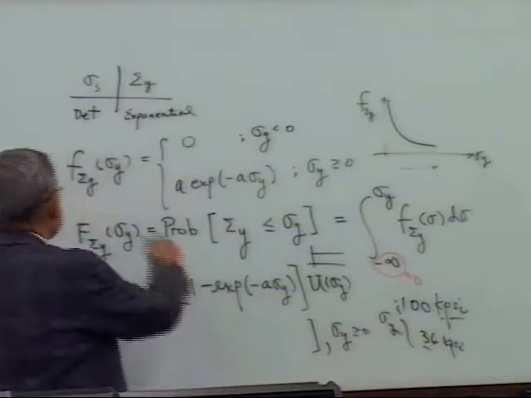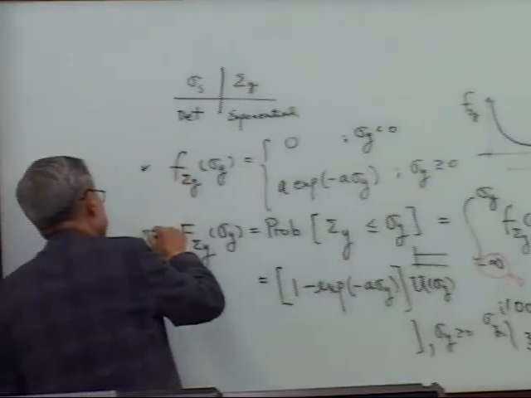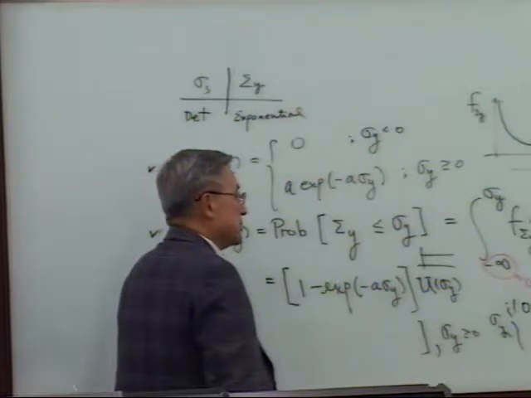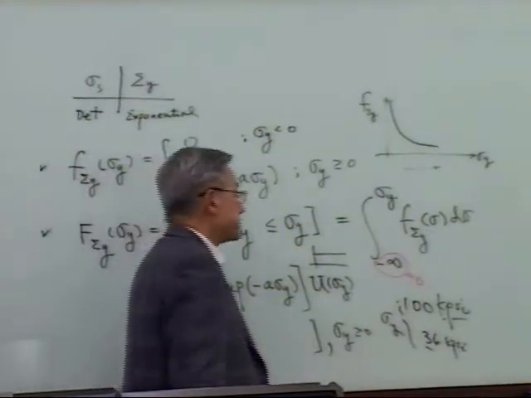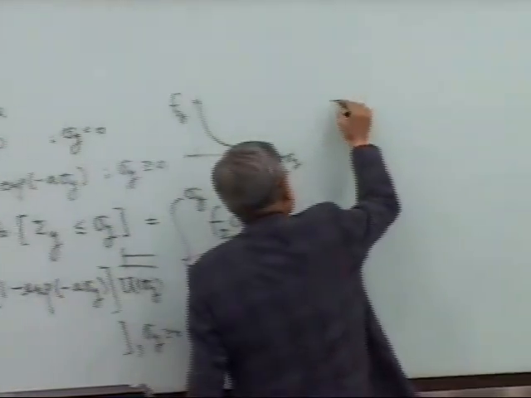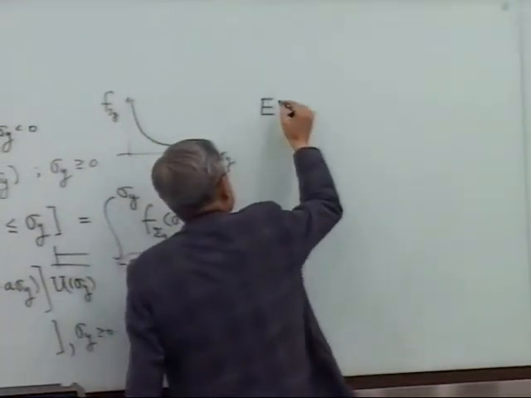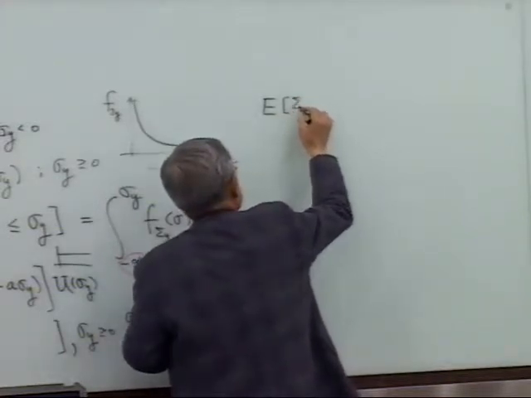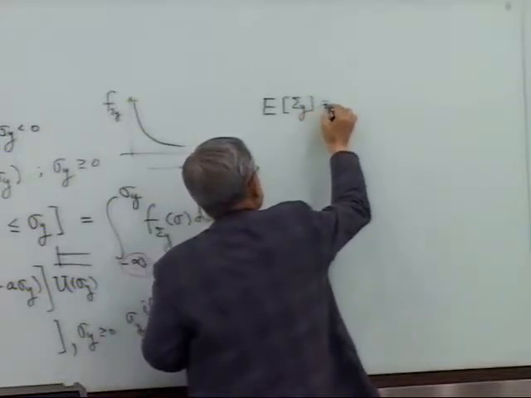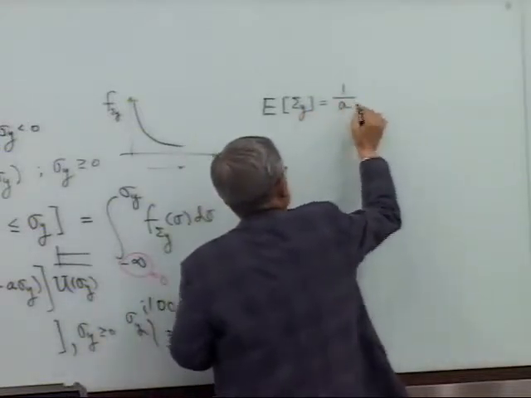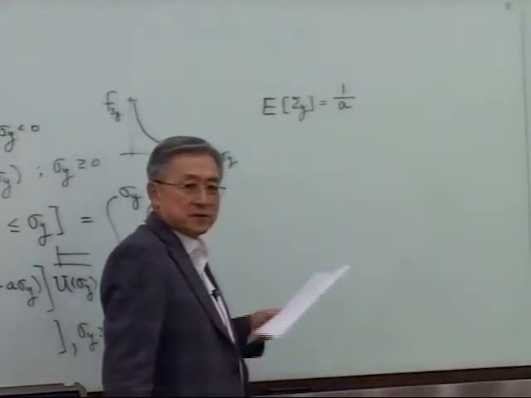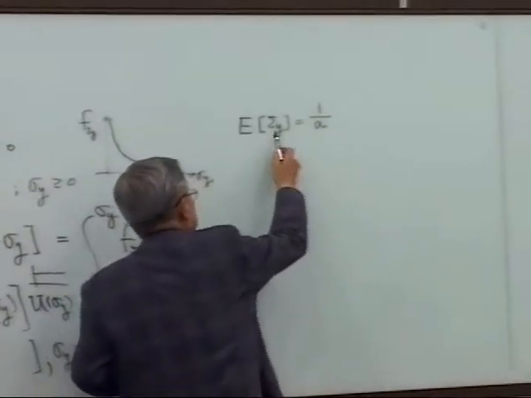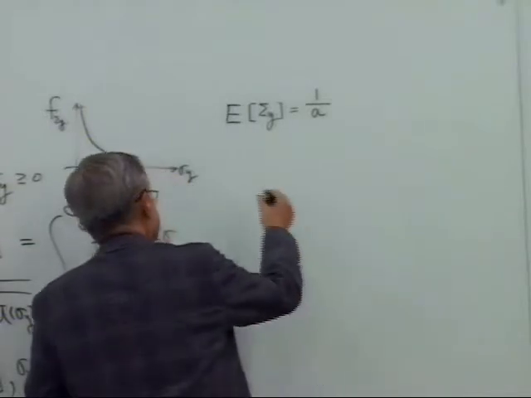So now this is the defined probability model, the density and the cumulative distribution function. Of course we did this model last week, and you can get the expected value of this. Expected value, you know the definition: integration of that multiplied by the probability density function.